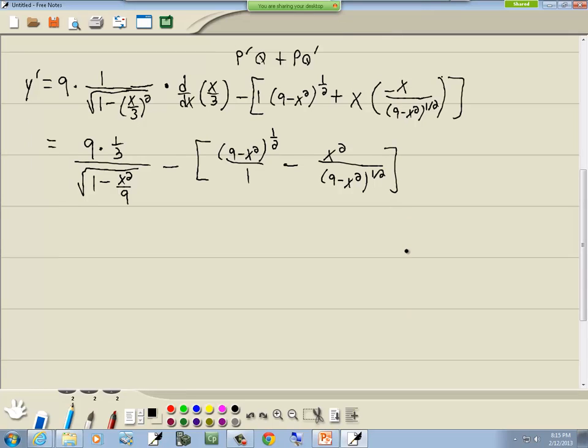Well, 9 times 1/3 gives us 3. And down here, I want to get a common denominator. So this becomes 9 over 9 minus x squared over 9. Minus. Now, I want to get a common denominator in here, and I'll multiply two denominators together, and I find my common denominator is going to be 9 minus x squared to the 1/2.